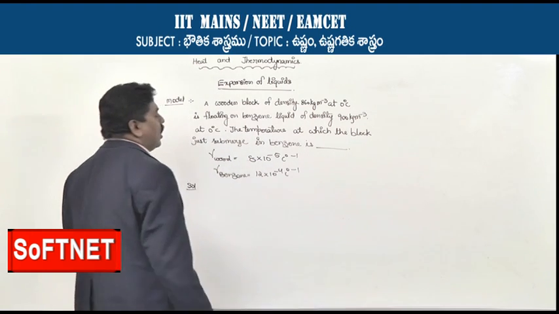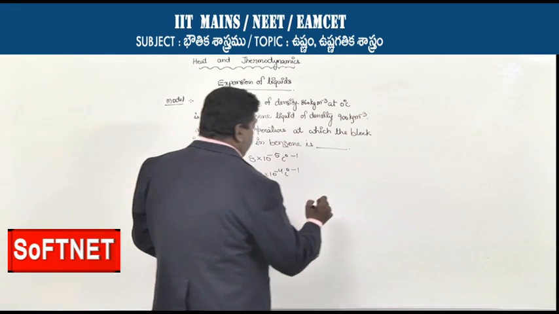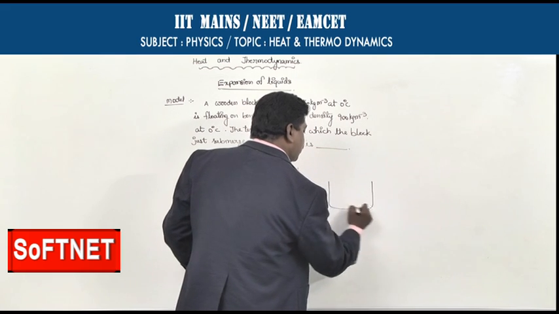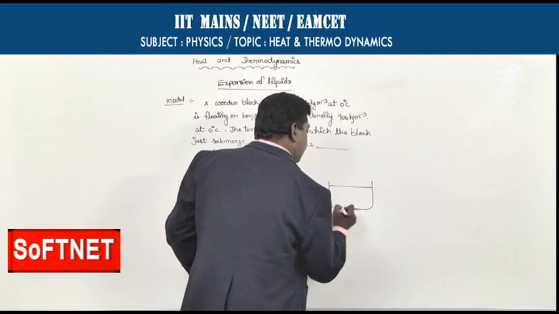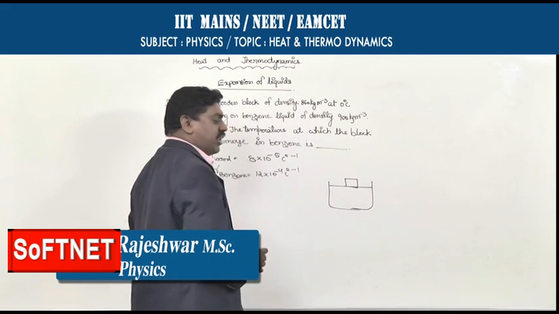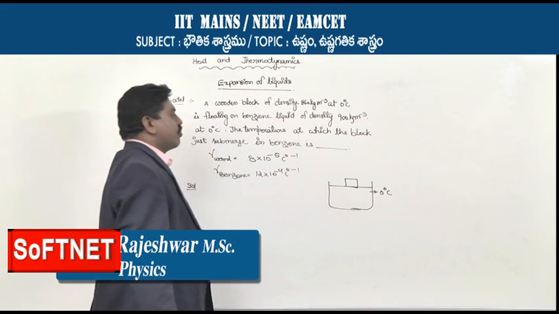Now, let us try to understand the submerging of the wooden block. Imagine the container having benzene in this manner, and the wooden block is just floating on the benzene liquid at a temperature of 0 degrees Celsius.